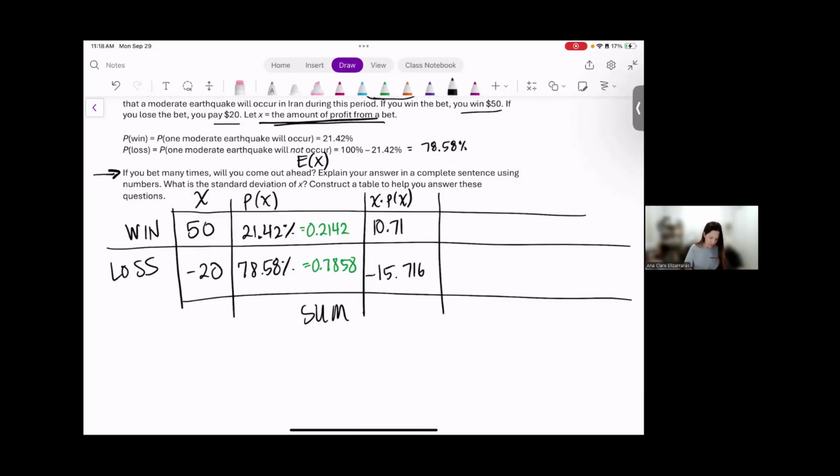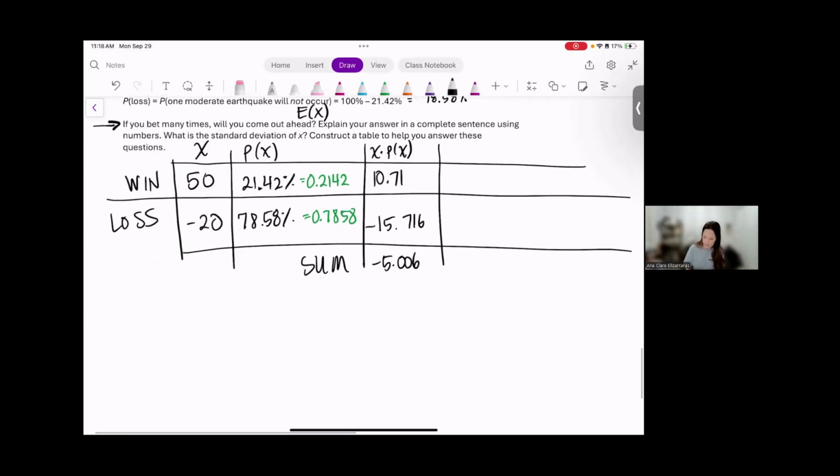If I add those two together, I get negative 5.006. So I expect to lose $5 on this bet. So what that means is if I make this bet many, many times, my long-term outcome will be an average loss of $5.01. So I'll write that in a sentence.